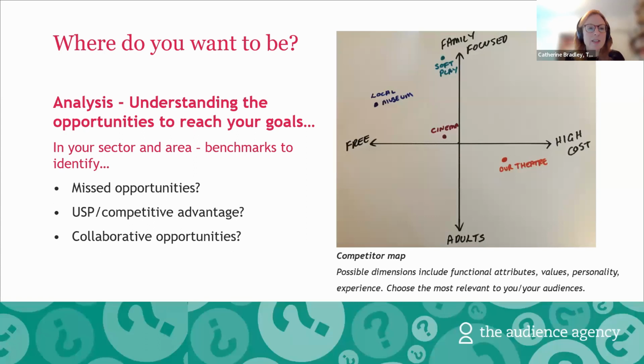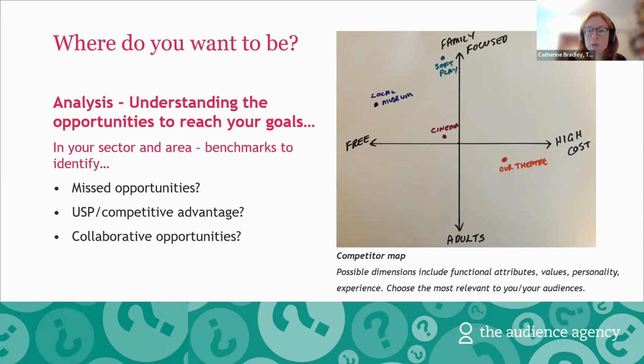So continuing on this theme of really establishing where you want to be, the wider environment in which your organization operates will directly affect your ability to engage audiences and the opportunities that provides. And exploring wider contextual scenarios and data will therefore be an important part of your situational analysis. So this will likely include looking at sector and area benchmarks.